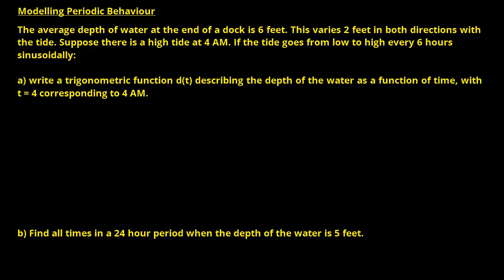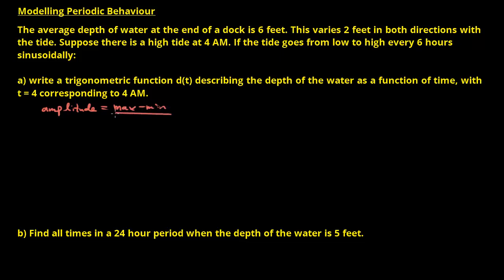So for the first part of this question, we have to come up with information to write a sinusoidal function for this situation. The first thing we're going to do is pick the low-hanging fruit and figure out what the amplitude is. The amplitude is equivalent to the maximum minus the minimum divided by 2.